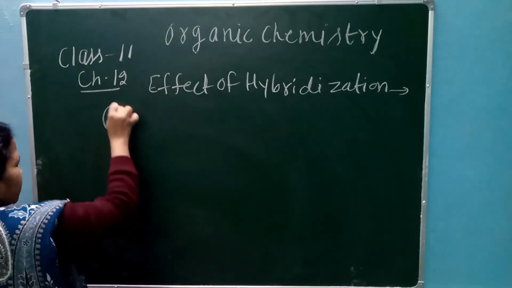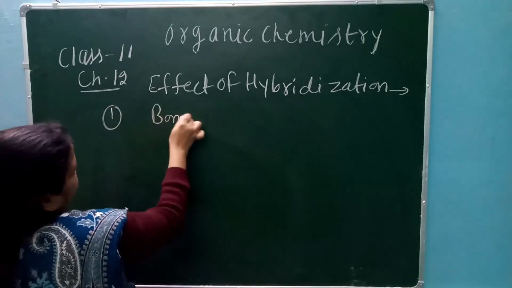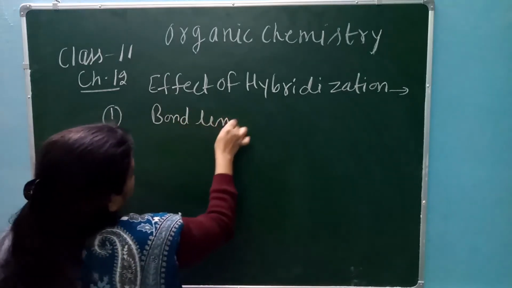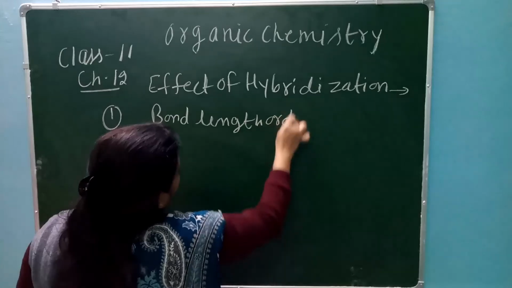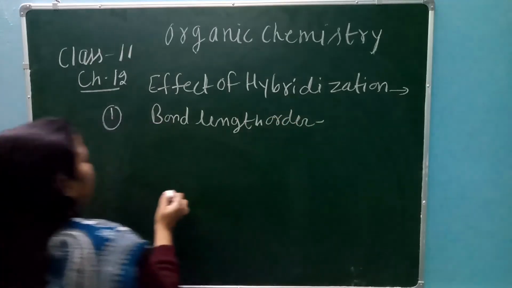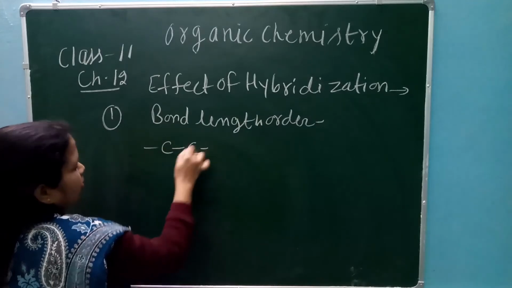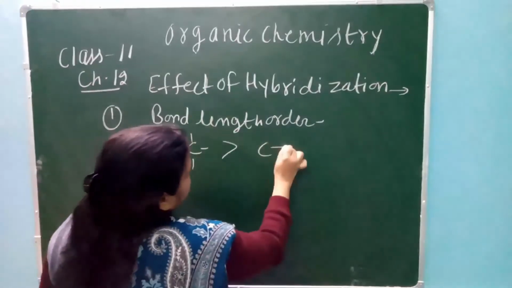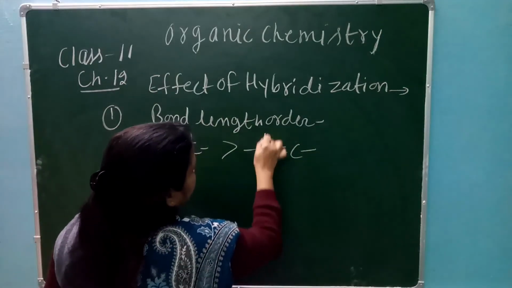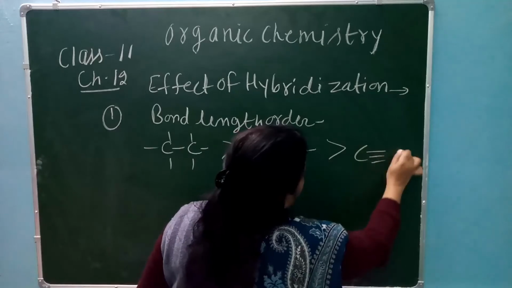First, bond length order: carbon-carbon single bond, double bond length and triple bond.